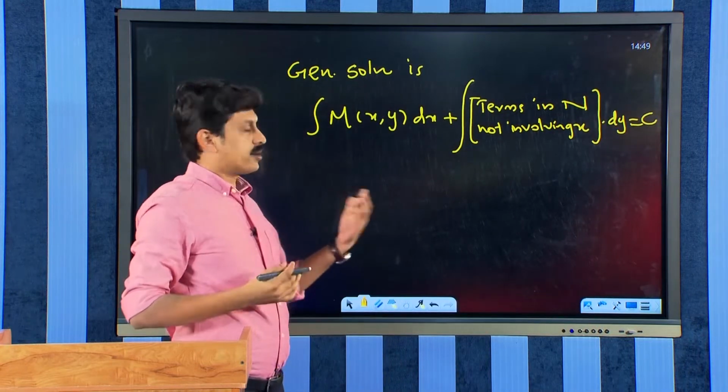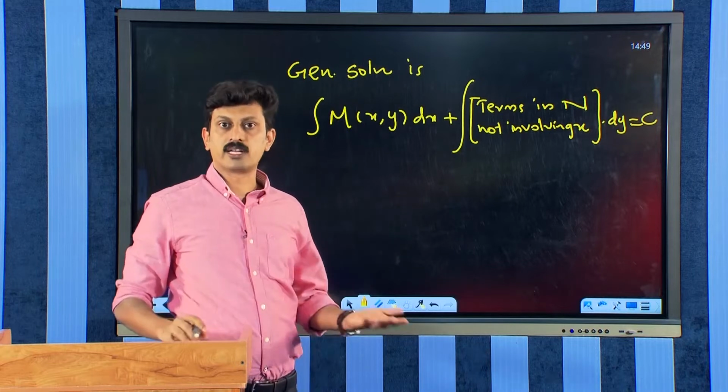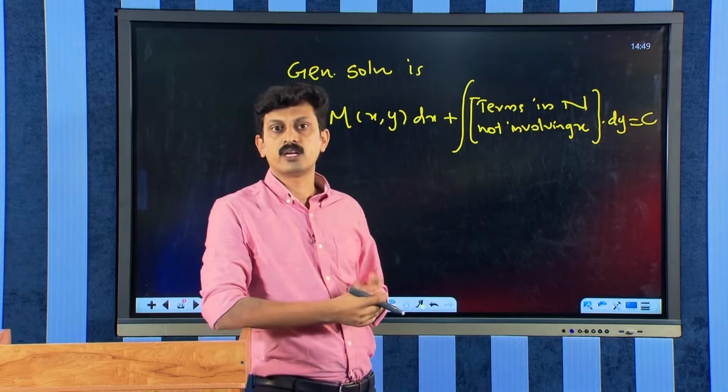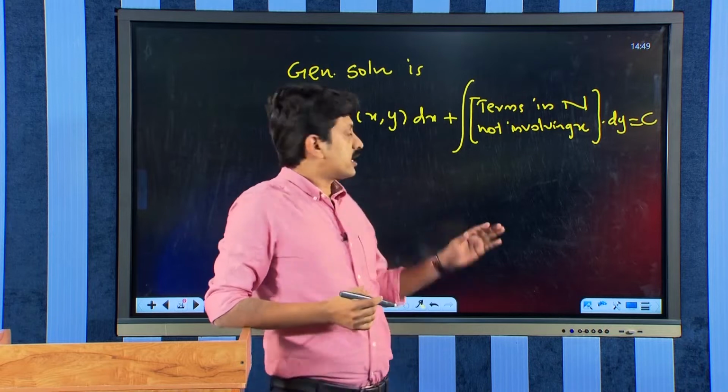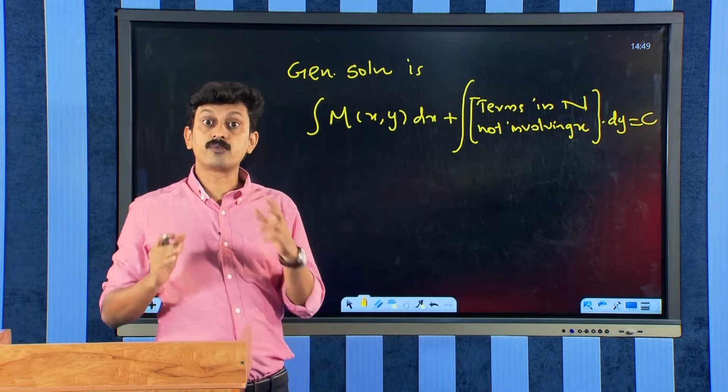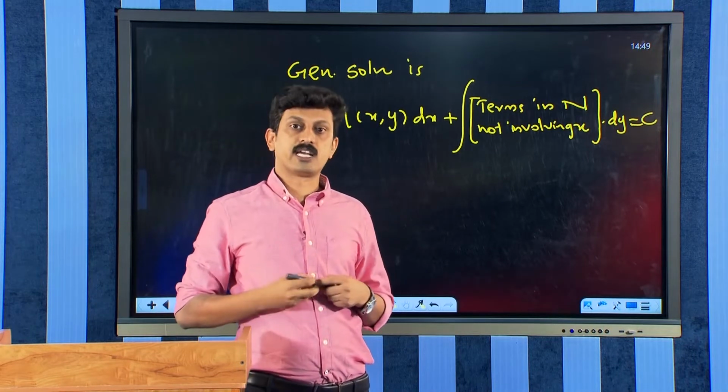By evaluating these integrations, we will get the general solution of the given differential equation. These are the two methods that we use to find the general solution of an exact differential equation.